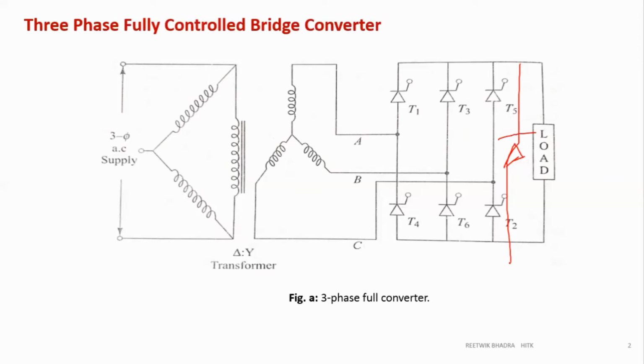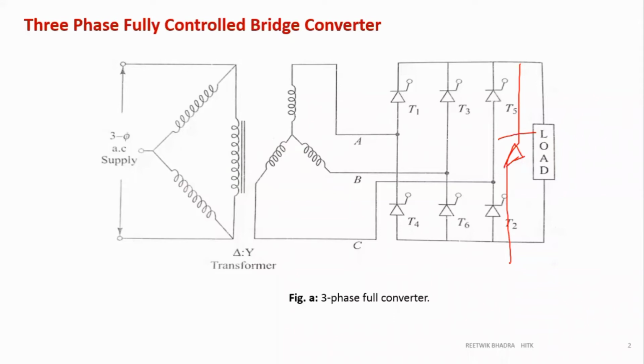But we had also studied another type of converter, that is the semi-converter. So in comparison to the full control rectifier, if we use a semi-converter, it will produce a better output in case of RL load.